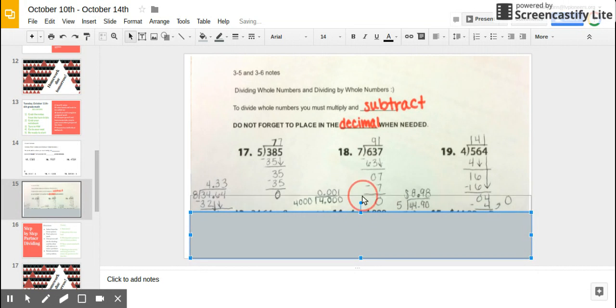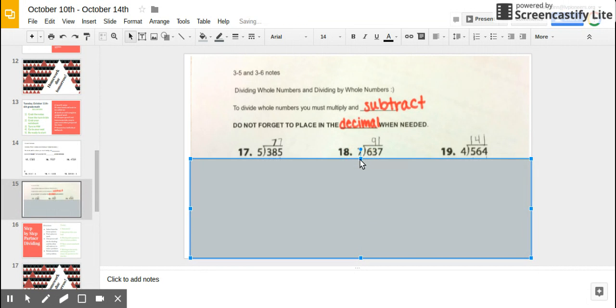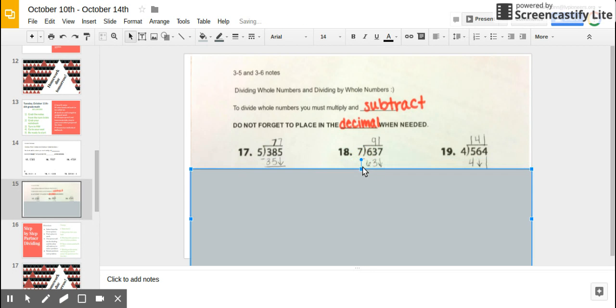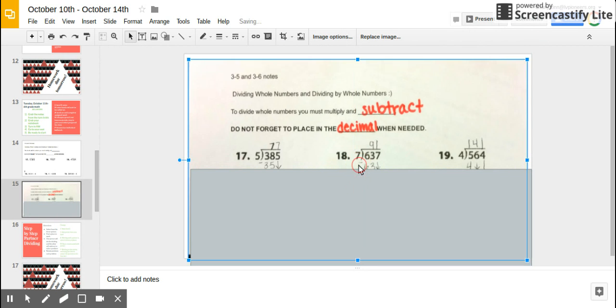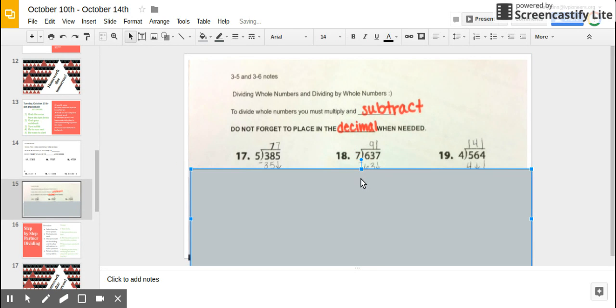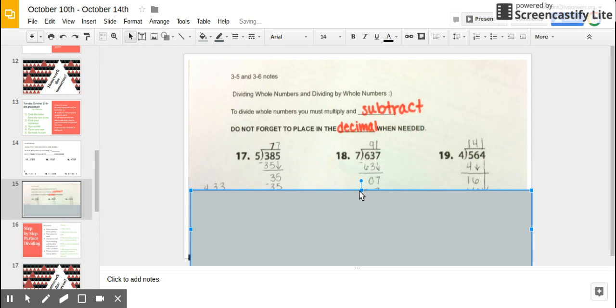There are no remainders. Okay, 4 goes into 5 one time. 4. So 5 minus 4 gives you 1. Drop down your 6. 4 goes evenly into 16 because 4 times 4 is 16.